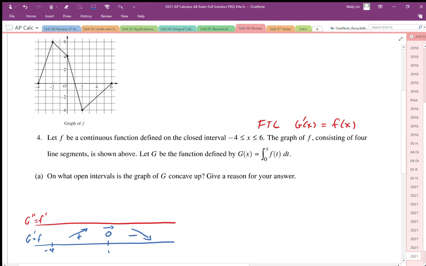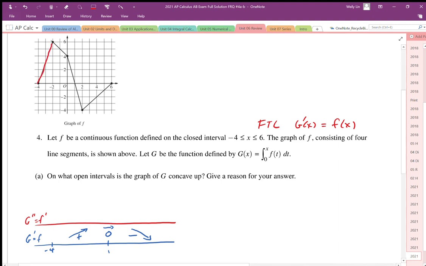The concavity chart is going to be based on the change of the slope of the f graph. Our f graph is sloping up in this section here.